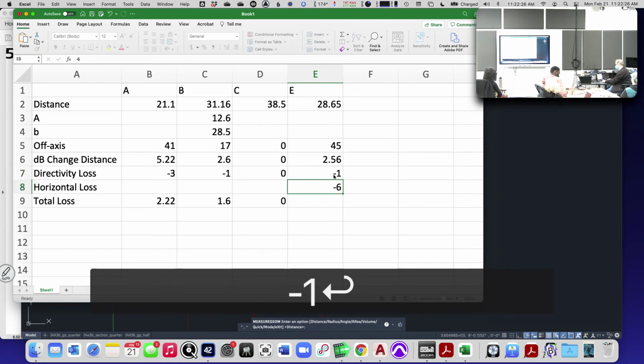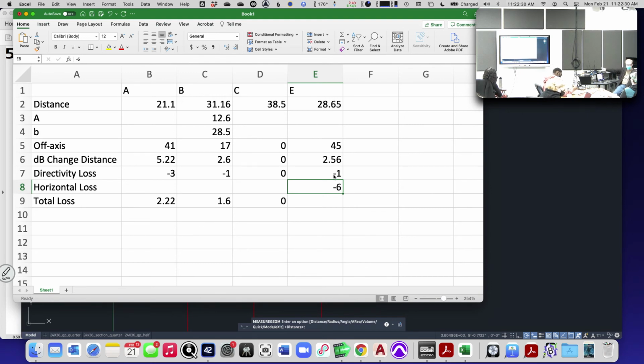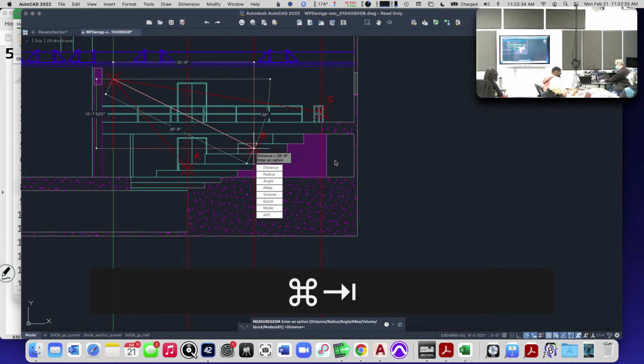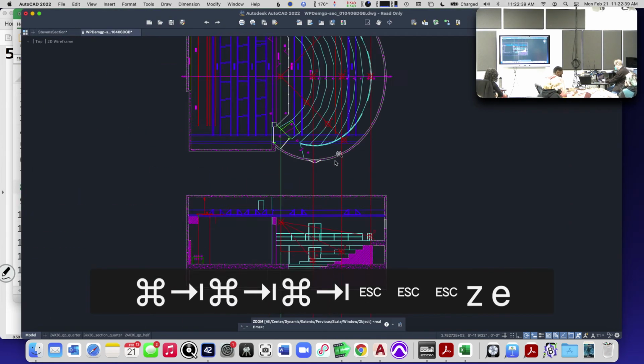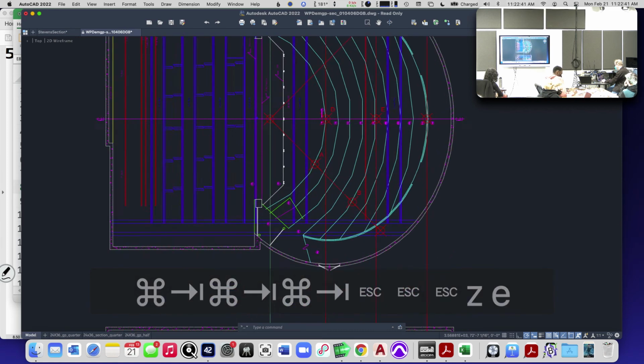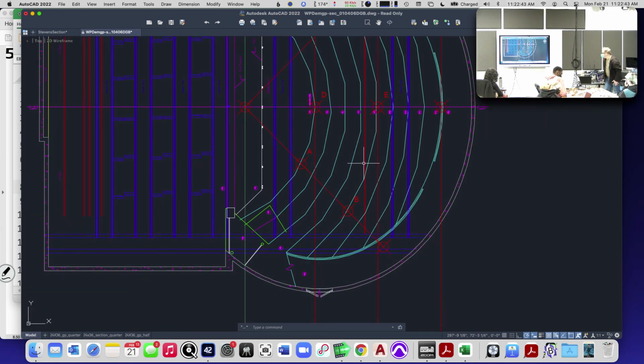So we know we lose 1 dB going off axis vertically, and we know we lose 6 dB going off axis horizontally to that spot. Because if I go back to the ground plan, remember, the loudspeaker is pointed here. And at this spot, we have gone off axis vertically because we've come down, but we've also gone off axis horizontally because we've moved from here to there.